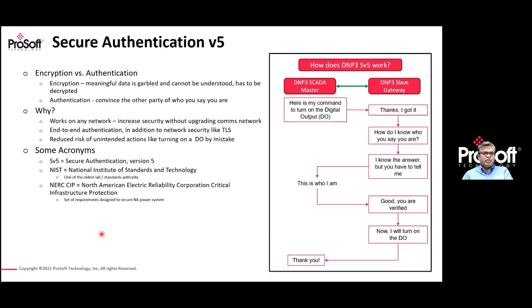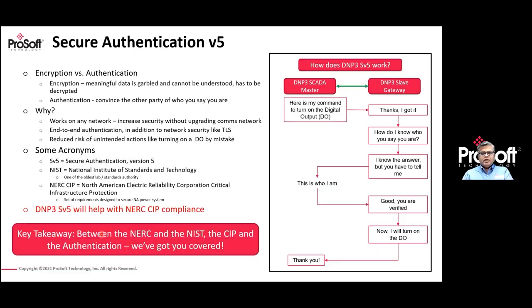That's starting to come in. The Department of Homeland Security can walk into a utility, ask if they're secure, and do some testing. You've also got standards from NIST, the National Institute of Standards and Technology, and then the NERC CIP compliance.